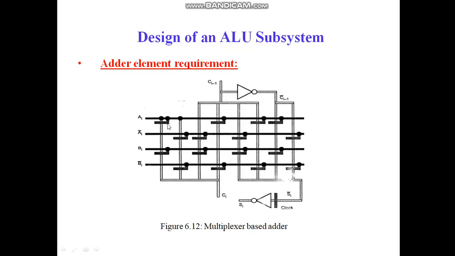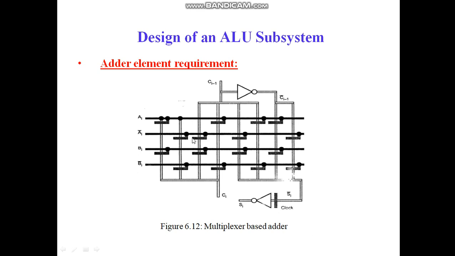So let us re-verify this. This diffusion path represents AK. The next diffusion path also represents AK. The third and the fourth diffusion paths are CK minus 1. The fifth and sixth diffusion paths are CK minus 1. And the last two diffusion paths are CK minus 1 bar.